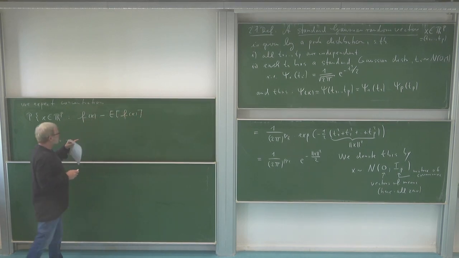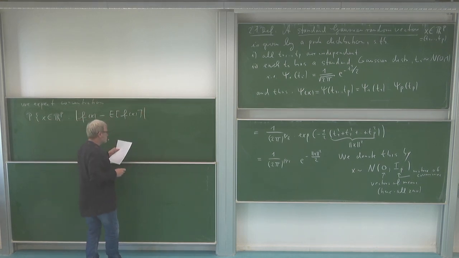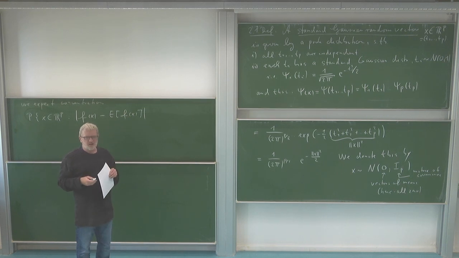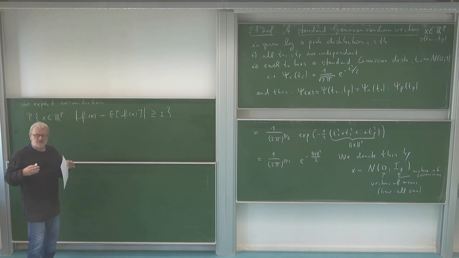The difference between this and the expectation should be small, or to say it another way, the probability that this is small should be large. So we expect the probability that this difference is bigger than epsilon to be small, at least if the dimension is high.